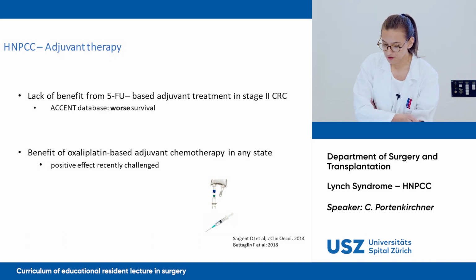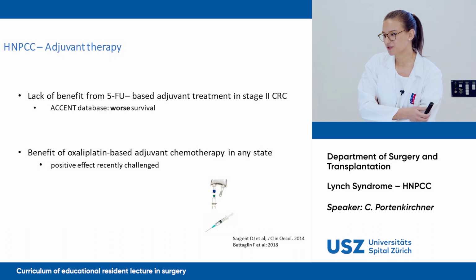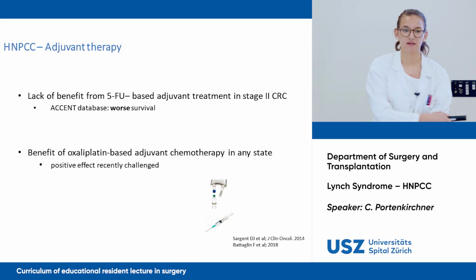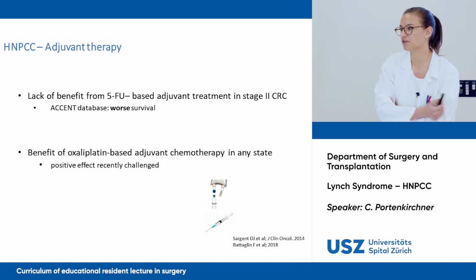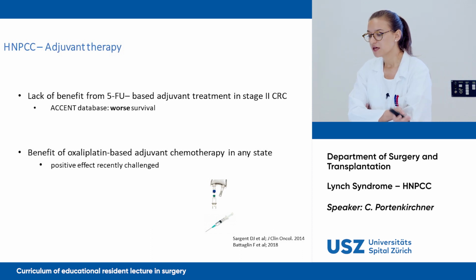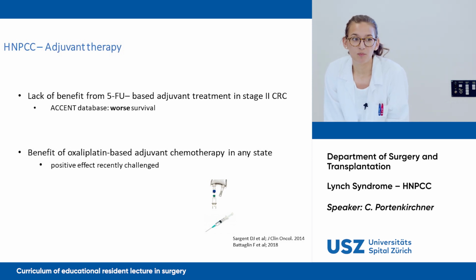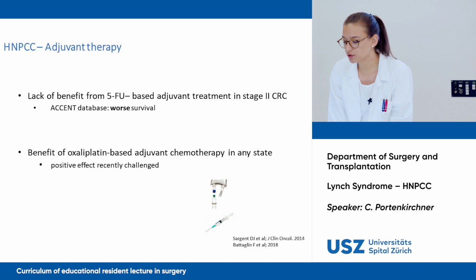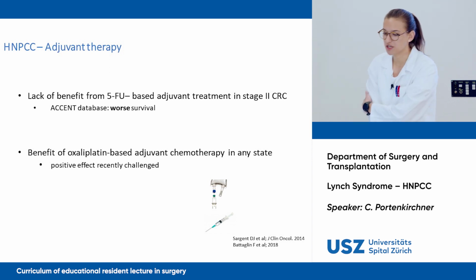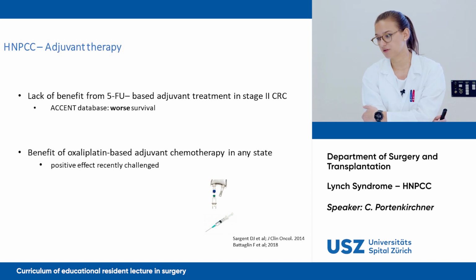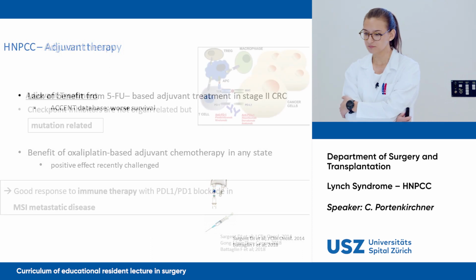In stage 3 tumors, there is some data saying that there is a benefit, but there is also data saying that there is a lack of benefit of the 5-FU-based treatment. There is a benefit of oxaliplatin-based adjuvant chemotherapy in any status, but the newest research showed that this actually has to be challenged. So we don't have a treatment guideline that does recommend adjuvant chemotherapy here.